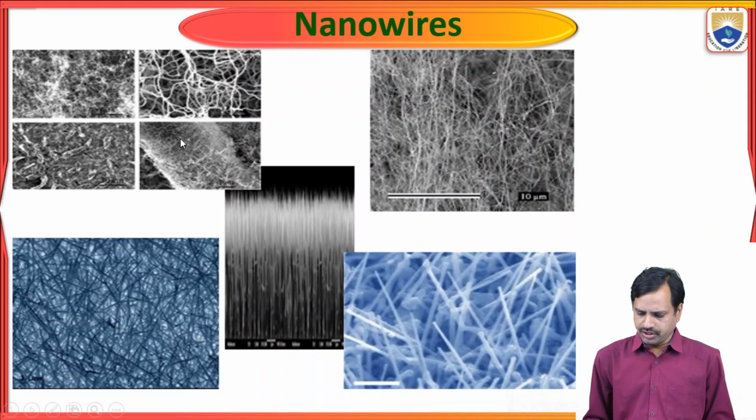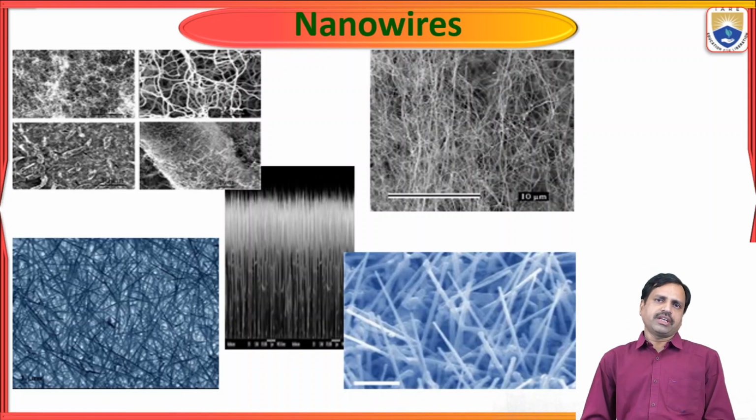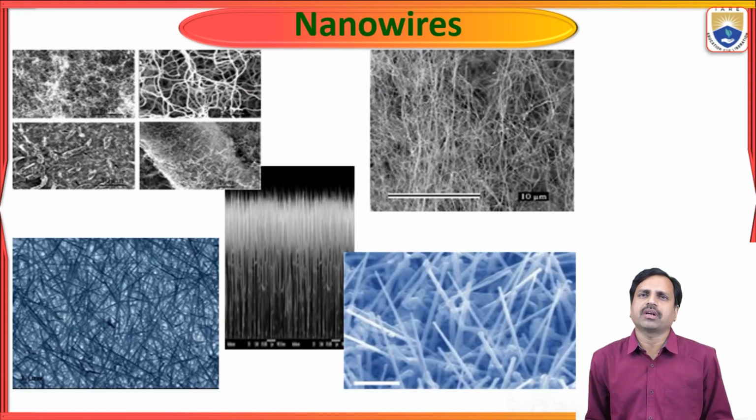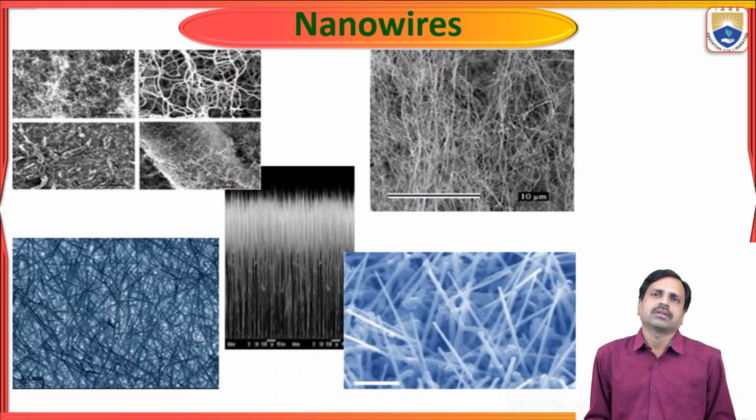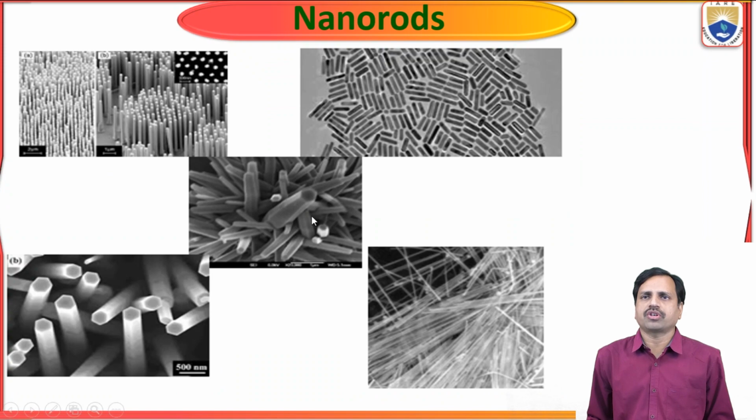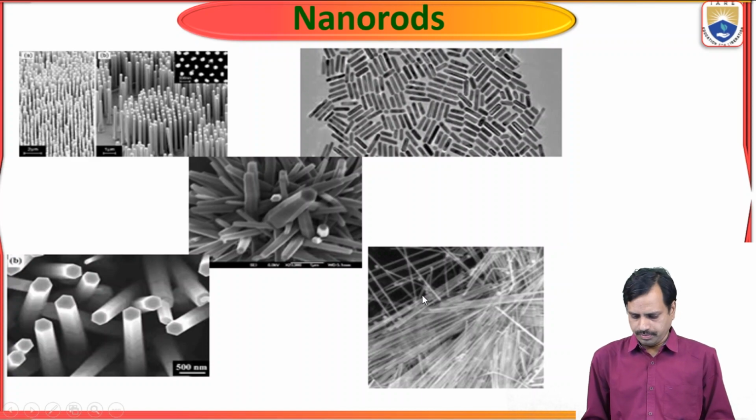This may be zinc nanowires, carbon nanowires, and nickel nanowires, depending upon the material, but I'm showing this as an example of how nanowires look. So this is also nanorods. In nanorods, you can see the diameter is filled in. This is one type of nanorods.